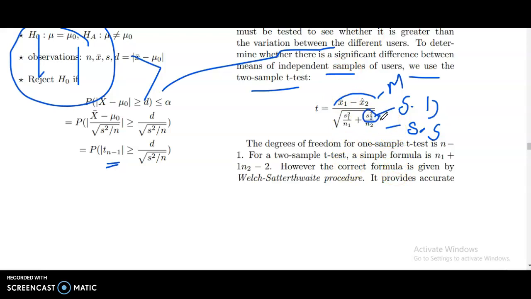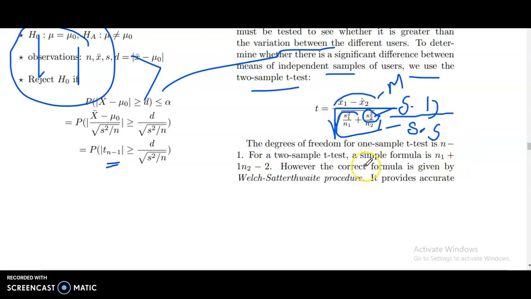Then the sample size is divided, the same for both. Then take the square root, which reduces the scaling. Then x1 minus x2 is divided by this result: the standard deviation divided by the sample size.